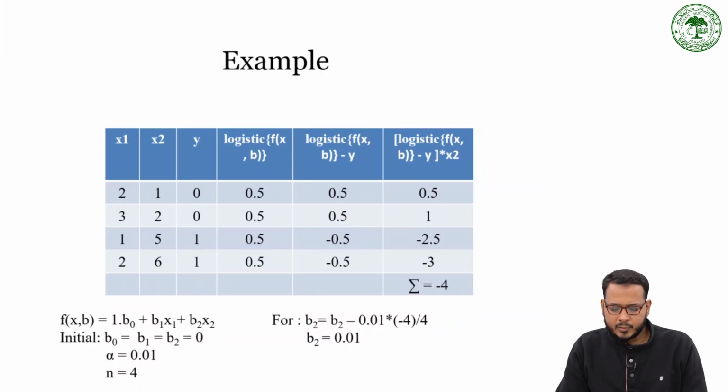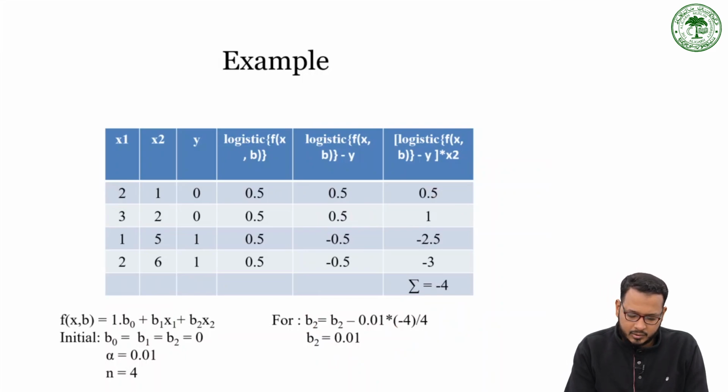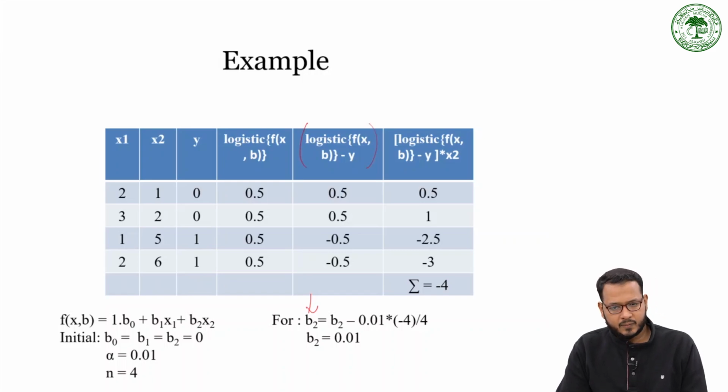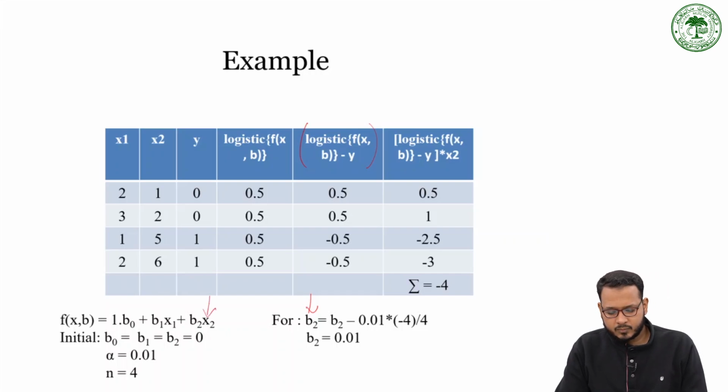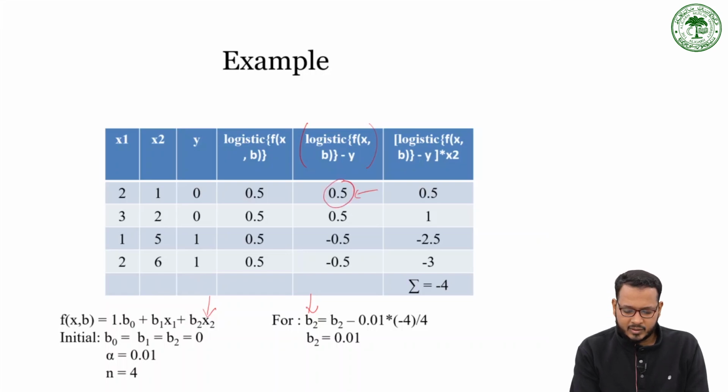A similar process we will do for B2 also. The only difference is that this expression will be multiplied with the multiplier of B2, which is x2. So we will multiply 0.5 with the corresponding x2 value, so the answer would be 0.5.